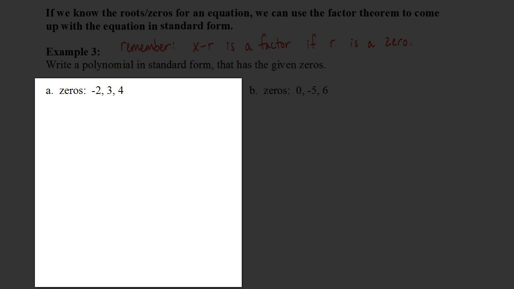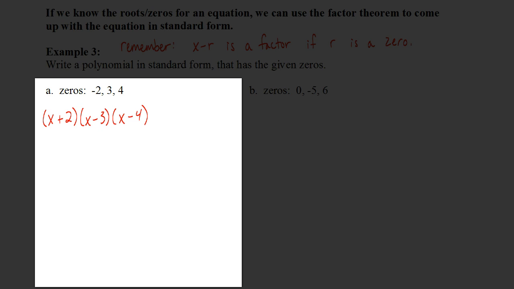Now remember, minus a negative becomes a positive, so x minus negative 2 becomes x plus 2. So that's one of the factors of the polynomial, again, because of the factor theorem. x minus 3 would also be a factor, as well as x minus 4. Because if we were to set each of those factors equal to 0, we'd end up getting our zeros of negative 2, 3, and 4.